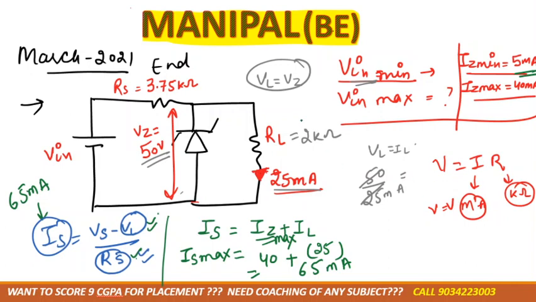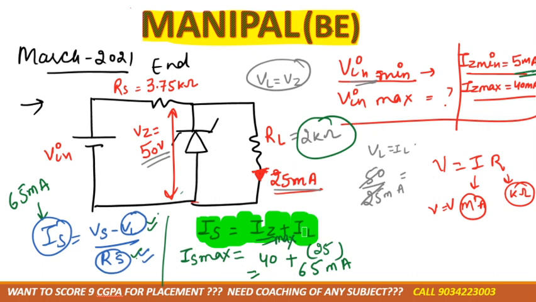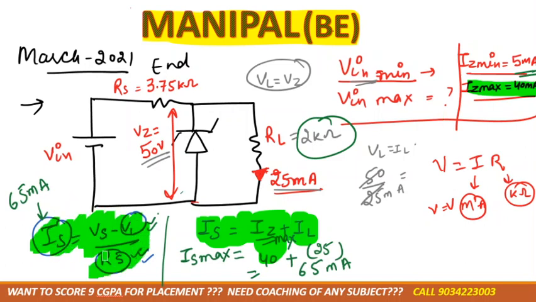Like the first step we calculated RL, right? Then after that, IS is equal to IZ plus IL. IL we already know, IS we don't know, IZ is given, maximum 40. So we know the formula for IS. Then the next step, RS is given, VL we know, IS we have calculated.